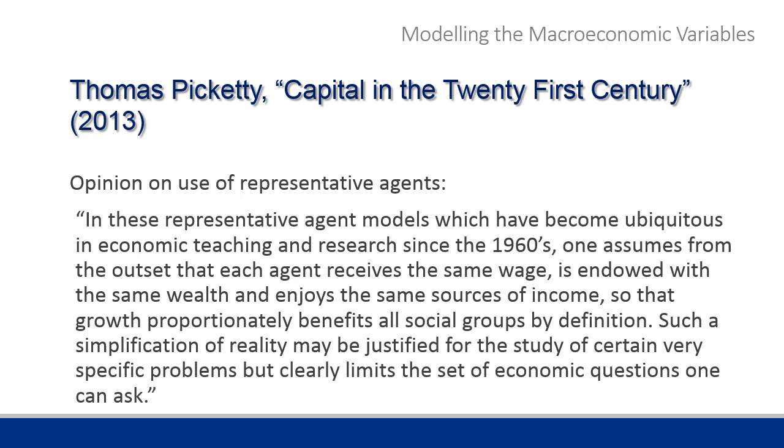Such a simplification of reality may be justified for the study of certain very specific problems." But these very specific problems are macroeconomic problems. Problems that involve macroeconomic variables which are representative. So whilst Thomas provides some totally valid criticism, I would not say that it's totally damning at all. It's hardly damning.